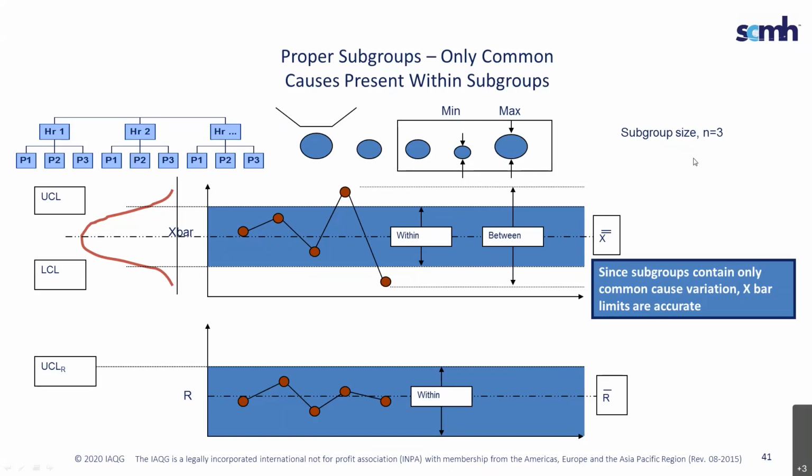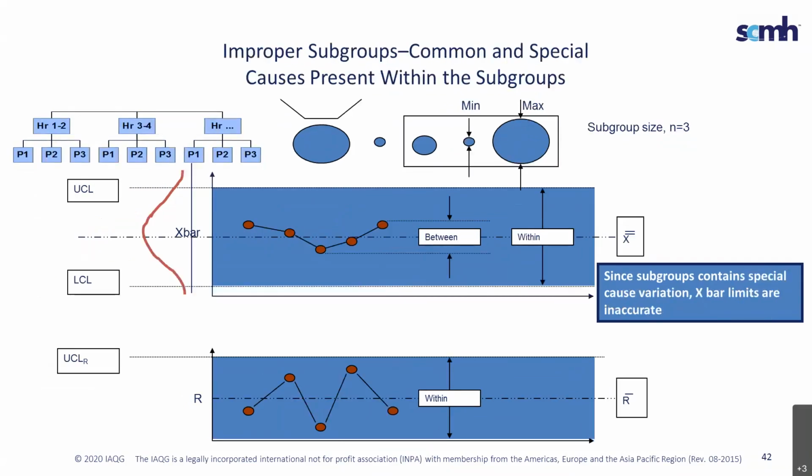Now, if I take those same samples, but instead of looking at hour 1 as a subgroup and then hour 2 as a subgroup, I took hour 1 and 2 together, I took all of those samples, so if I took 3 per hour, it could be 6 samples, and plotted that, what this is showing is that I have a lot more variation.